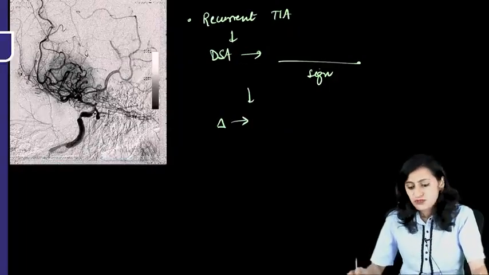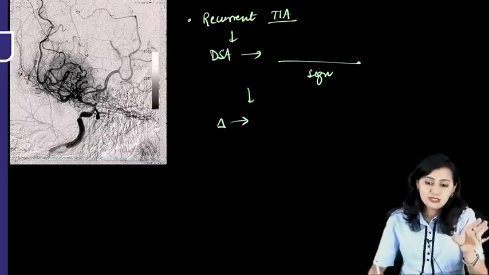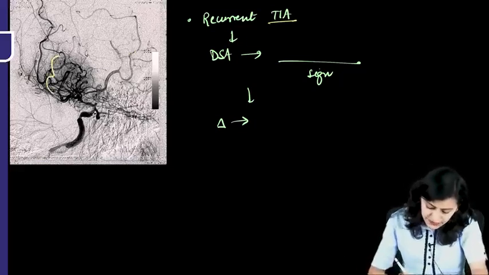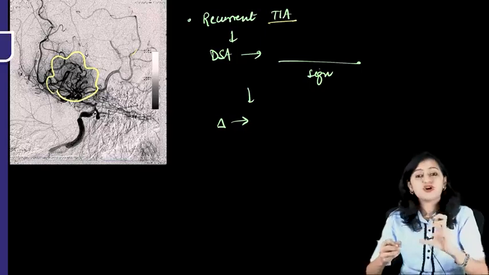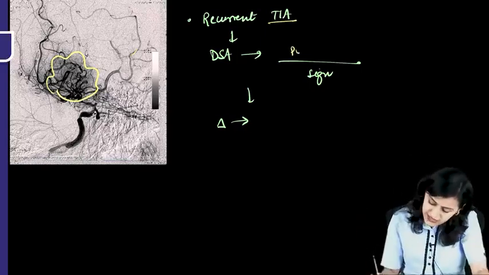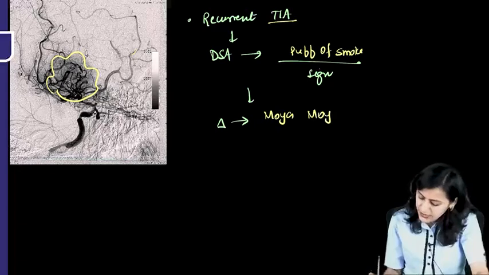Now, if you have a patient with recurrent TIA and you see this on angiogram, this is a DSA, the black vessel again. What do we see here? The black is the contrast which has gone outside the blood vessels like a puff of smoke. So this is the puff of smoke appearance which is seen in Moya disease, right?